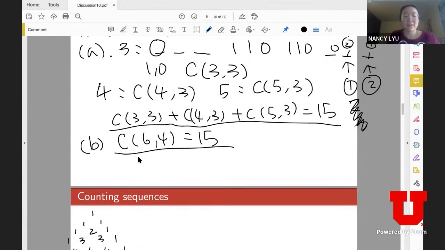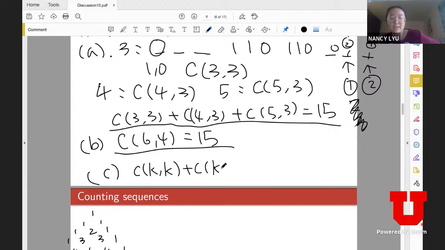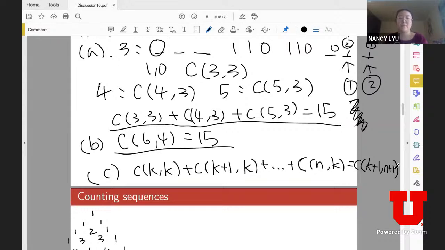So there's actually a formula about this, where you have C(K,K) plus C(K+1,K) and all the way up to C(N,K), and that's equal to C(N+1,K+1). Okay, so this is the formula, and you can check exercise 42 on page 408 for this one.